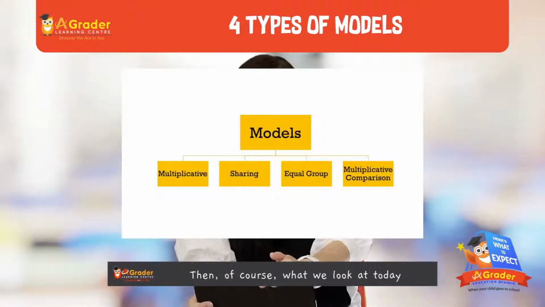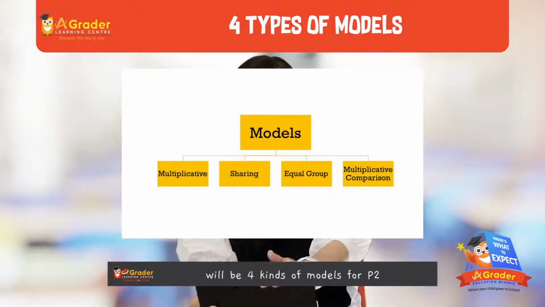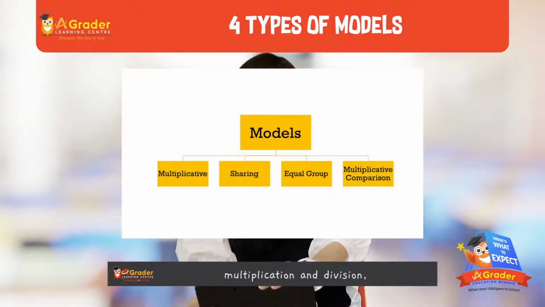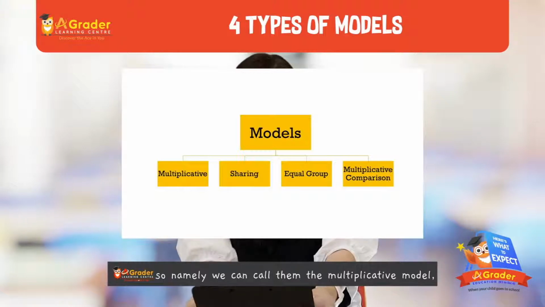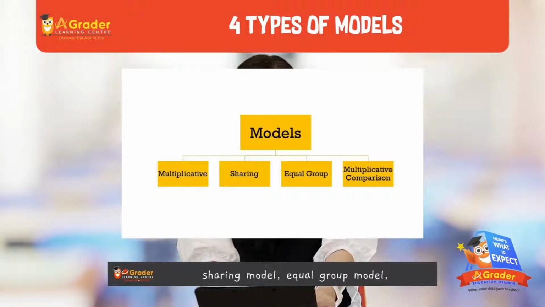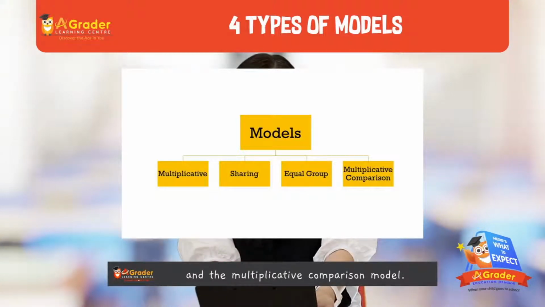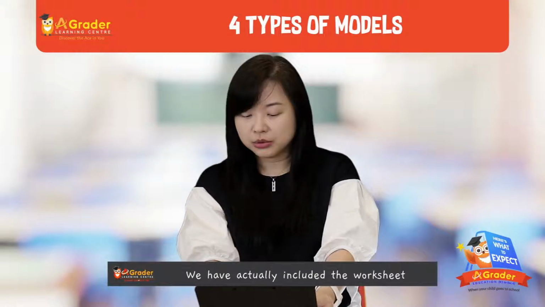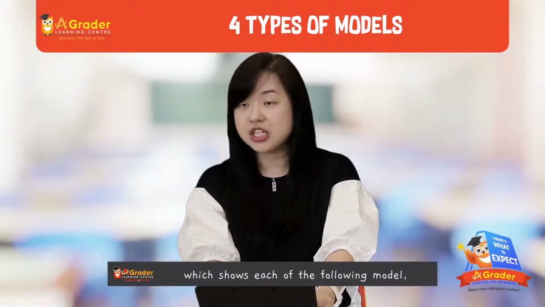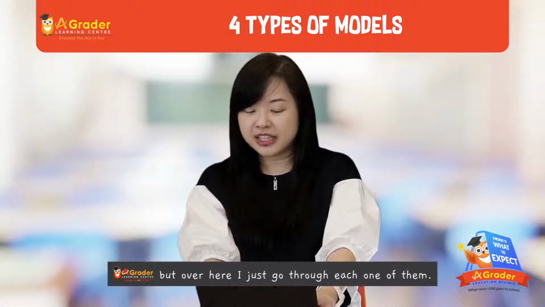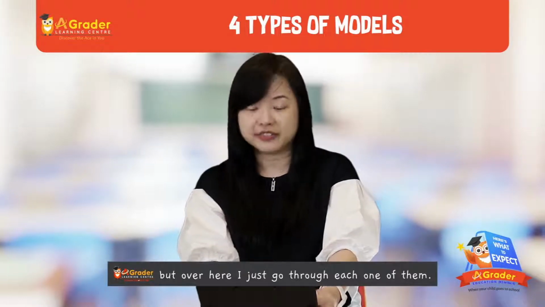Then of course, what we look at today will be 4 kinds of model for P2 multiplication and division. Namely, we can call them the multiplicative model, sharing model, equal group model, and the multiplicative comparison model. We have included a worksheet which shows each of these models, but over here I'll just go through each one of them quickly.